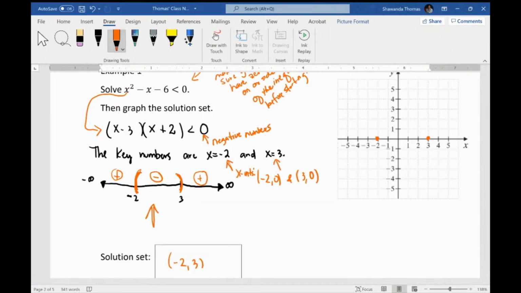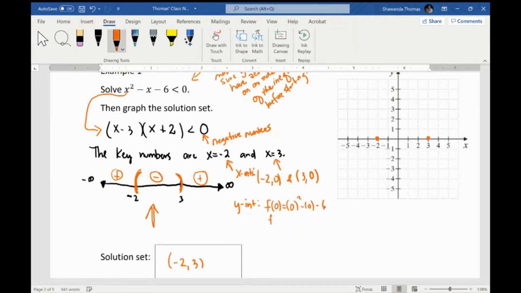So how do you find the y-intercept? You set x to 0. Yep. So the function is x squared minus x minus 6, and we plug in a 0 for x this time.